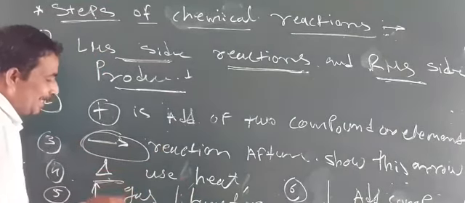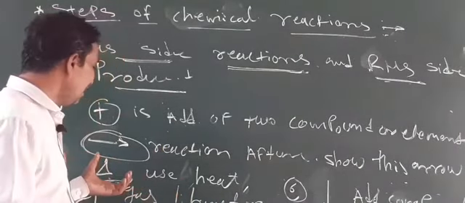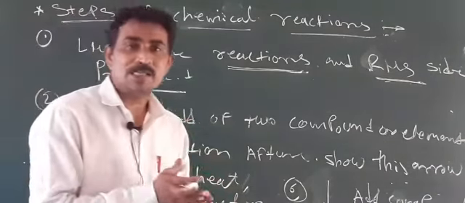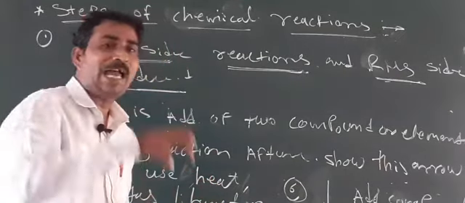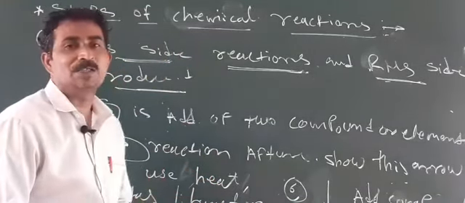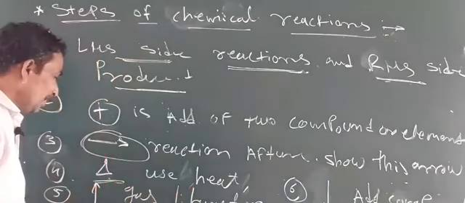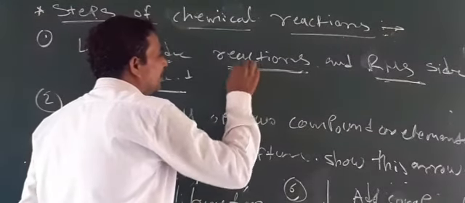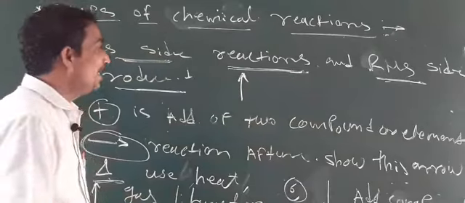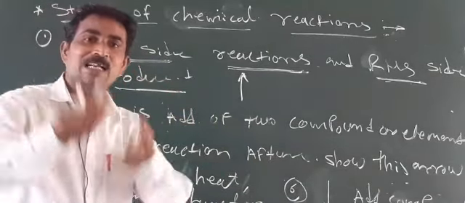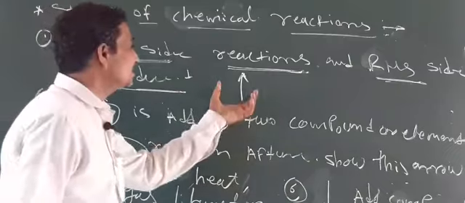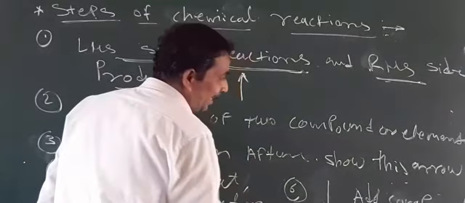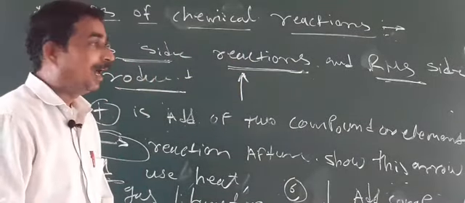In a chemical reaction, a triangle-like symbol is used where heat is added. Step five is this arrow, which we use when gases are liberated in a chemical reaction. Number six is another arrow, which shows the addition of chemical compounds, for example when some gases are added in the middle of a chemical reaction.